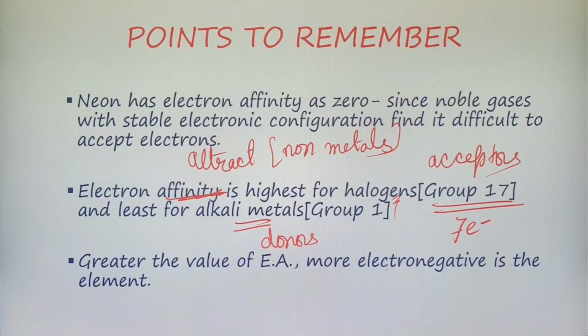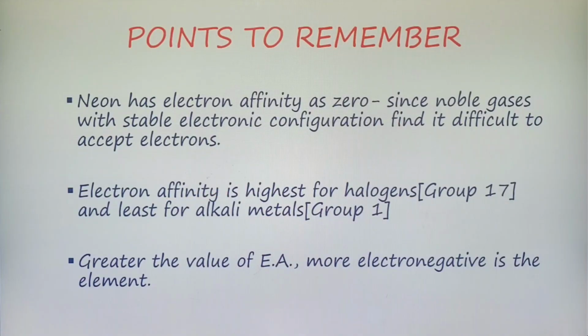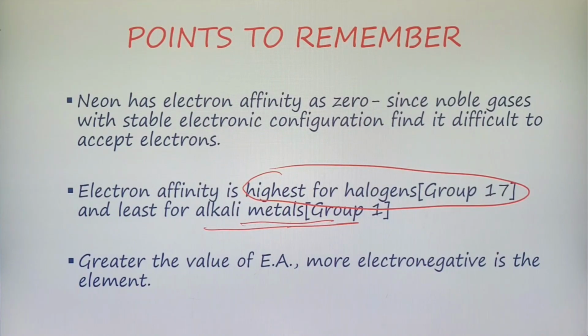So electron affinity will be highest for halogens and it will be the least for group 1 metals. What is the name for group 1 metals? Alkali metals. Clear? Because when I say group 1, they have only 1 electron in the outermost shell. They know that no matter how much they try to accept electrons, they are never going to be able to complete their octet by accepting electrons.